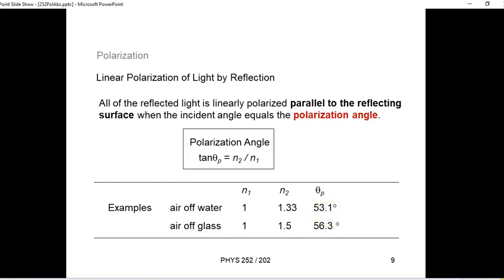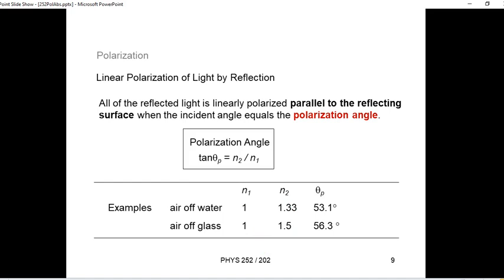If a light ray comes in at 20 degrees, a little bit of the light that's reflected will be linearly polarized parallel to the water surface. If a ray's coming in at 50 degrees, much more of that reflected light is going to be linearly polarized. And at 53 degrees, theoretically all the light that's reflected will be linearly polarized parallel to the water. And for an index ratio of 1 and 1.5, it's about 56 degrees.